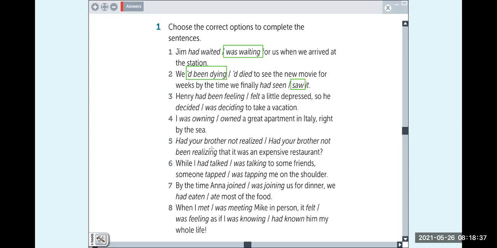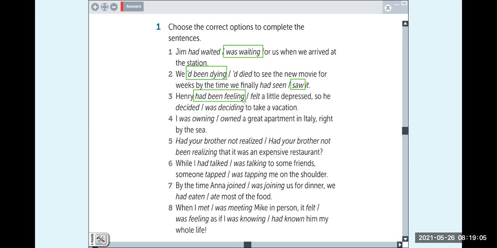Number 3, Henry had been feeling or felt a little depressed. So he, what do you think in the first part? He felt. Which one? He felt, él se sintió. Had been feeling. He had been feeling. Had been feeling, right? Se había estado sintiendo deprimido.